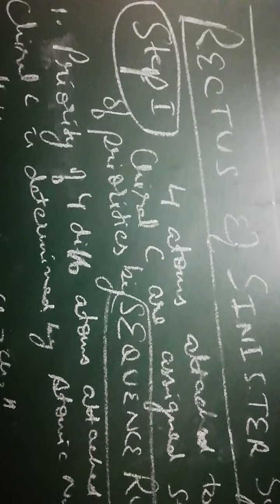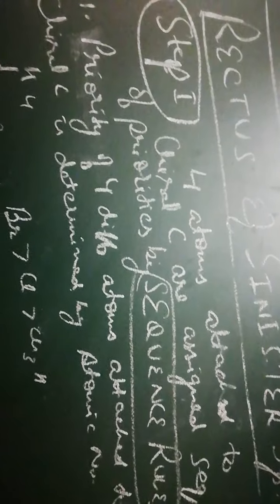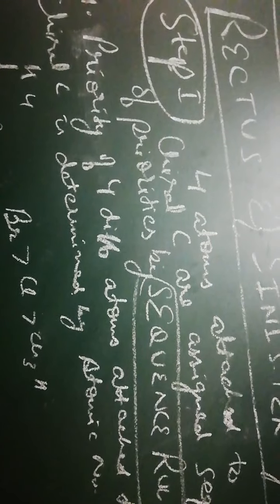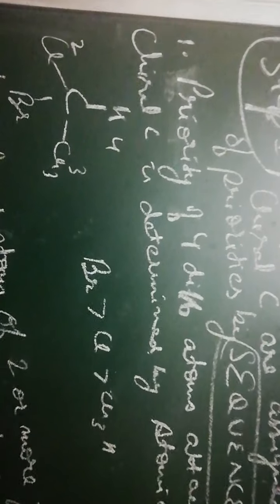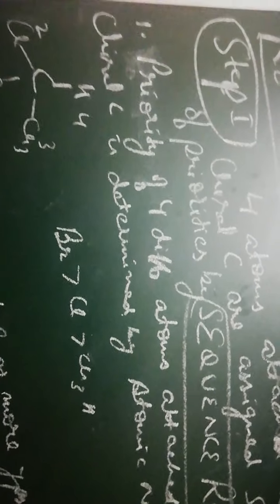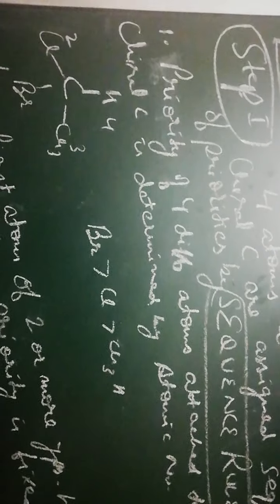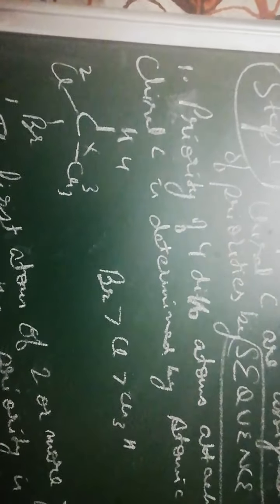The first step is that the 4 atoms attached to the chiral carbon are assigned a sequence of priorities by using the sequence rules. Now, what are the sequence rules? The first sequence rule is that the priority of the 4 different atoms attached to the chiral carbon is determined by the atomic number. Now, this is the chiral carbon atom, and the 4 different groups attached are hydrogen, chlorine, CH3 and Br.